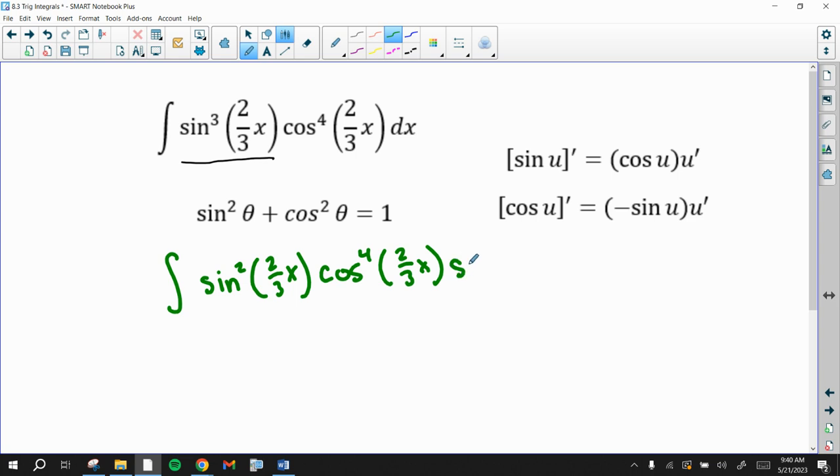Like this. This is an equivalent integral, obviously, but here's why this is useful.